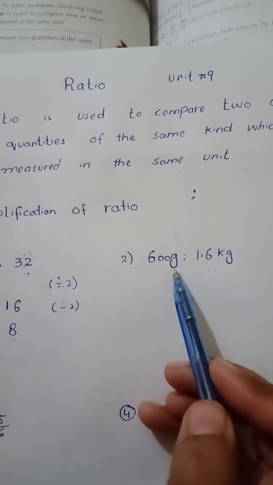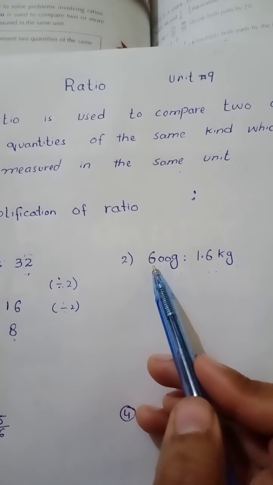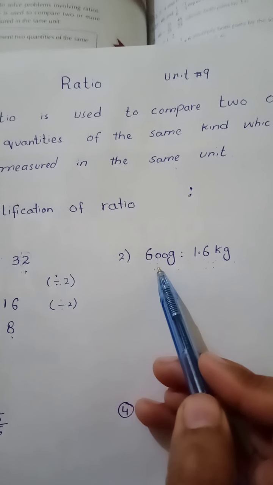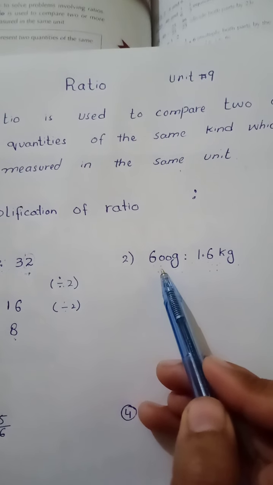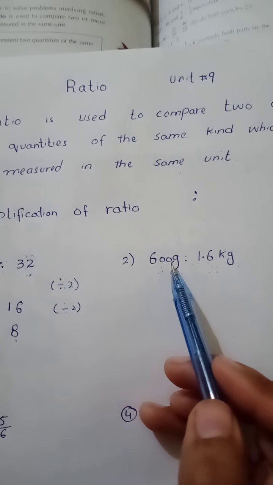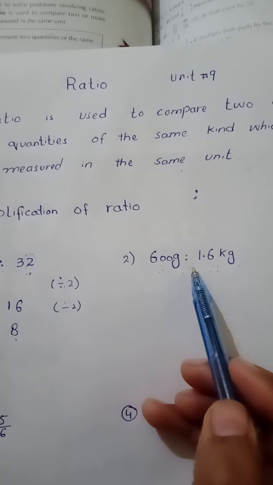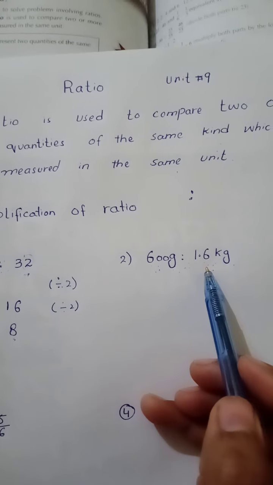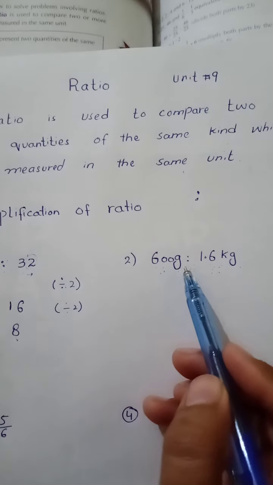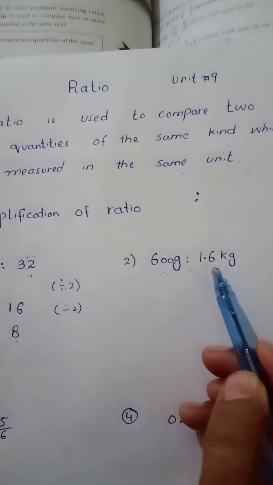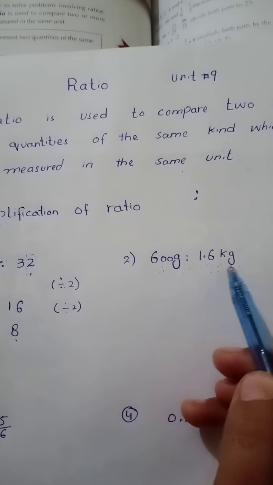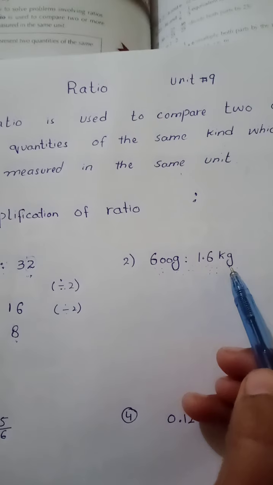Now you can see that the units of both quantities are not the same. So their comparison is not possible until we make their units the same. Is it clear? The unit of 600 is gram and 1.6 is in kg. So before simplification, I will make their units the same.